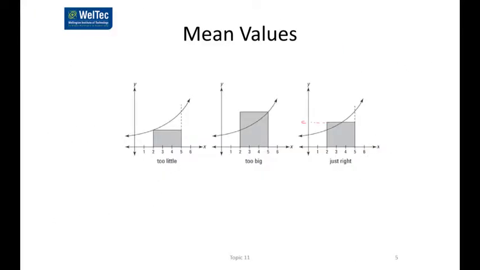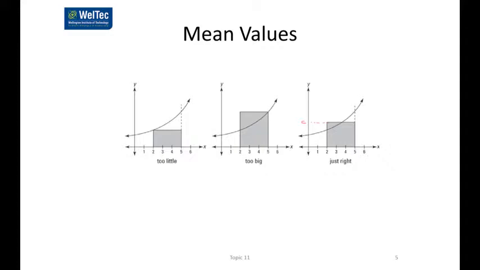We now need to turn our thoughts to finding the mean value of a function, and we can do this by integration as well. If you have a look at the diagram, the graph on the left, it shows a rectangle whose area is clearly less than the area under the curve between 2 and 5.